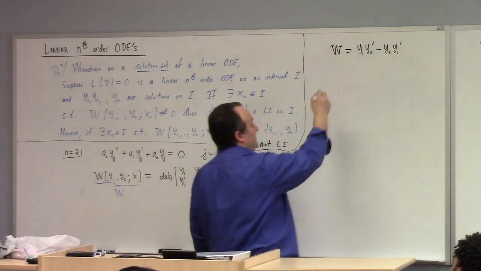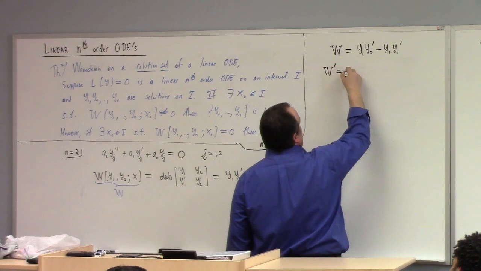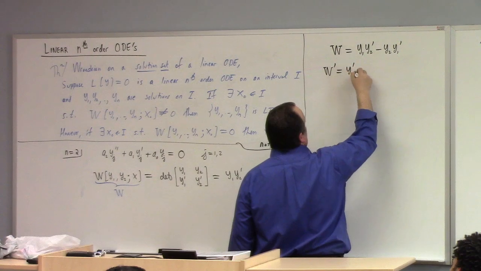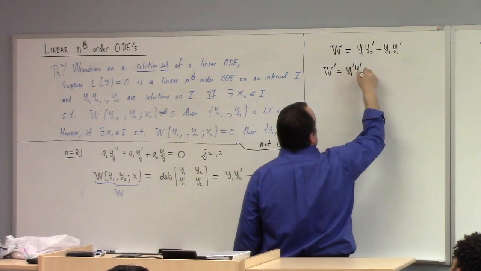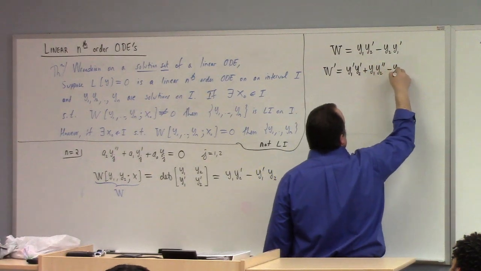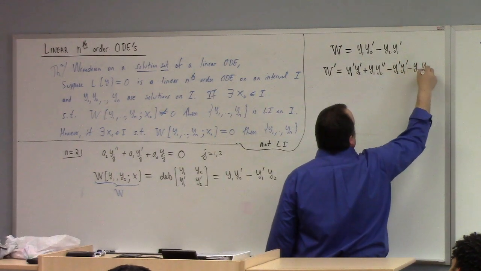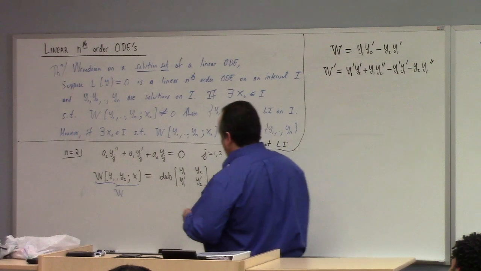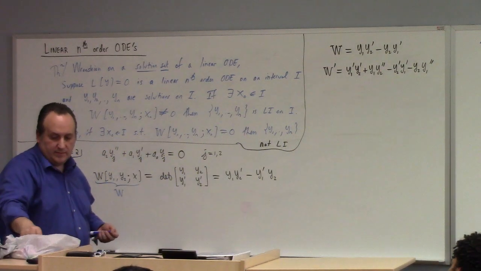If we differentiate the Wronskian, W prime, what's that give me? That gives me y1 prime y2 prime plus y1 y2 prime prime, plus y2 prime y1 prime minus y2 y1 prime prime, by the product rule.